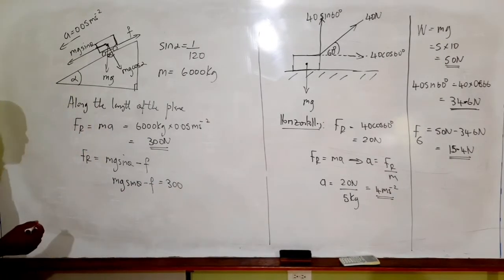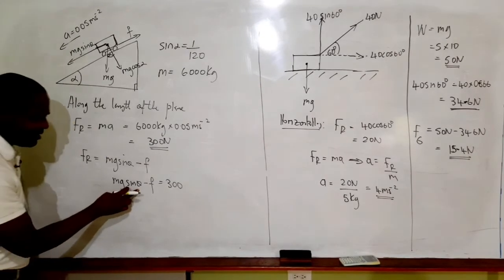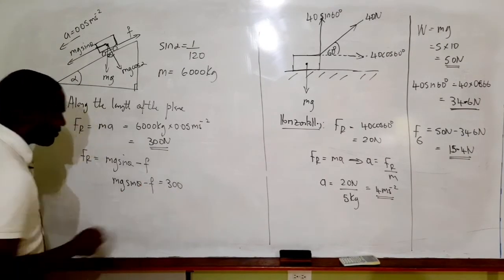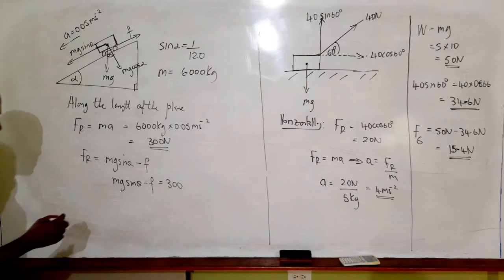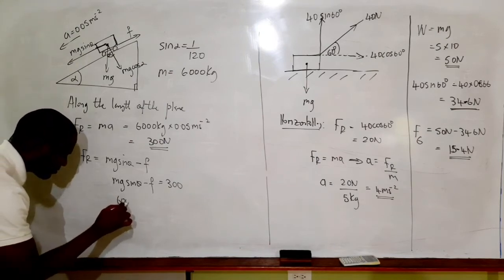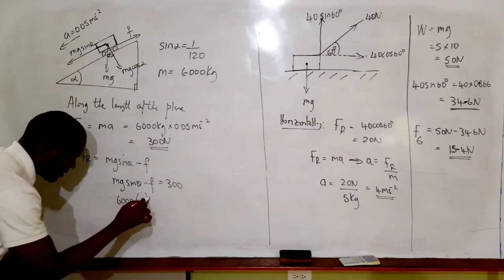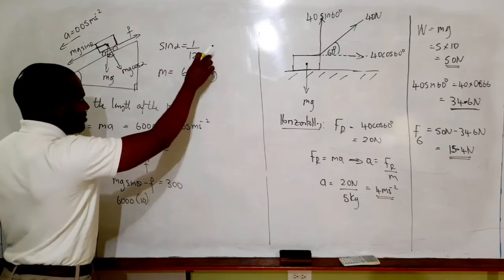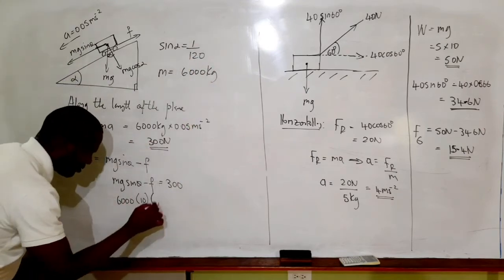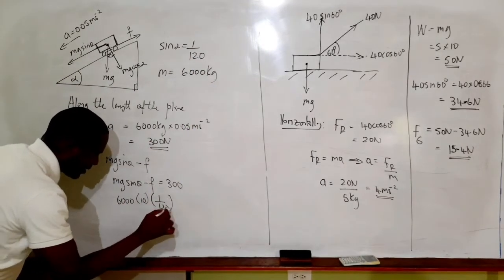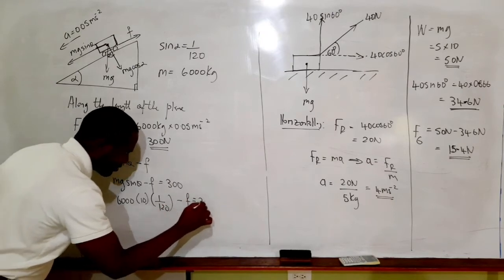So we can now substitute the values of m and g and sine theta, and then proceed to solving for F. m is 6,000, so we have 6,000 times 10, and since we're given the sine of the angle, that is equal to 1 over 120, minus F is equal to 300.